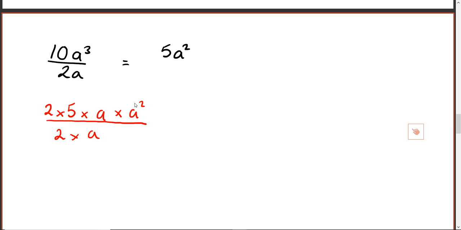All right, so I know now that the 2 here with the 2 cancels out. I'm going to ask you what cancelling out actually means in probably the next lesson. And the a cancels out. Okay. What am I left with as a denominator? 1. So we actually have a 1, but we don't need it. Okay? But I'm left with those ones that don't have a common factor. So we've got 5a squared is simplified.